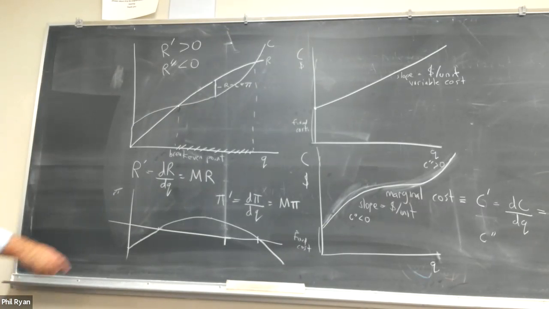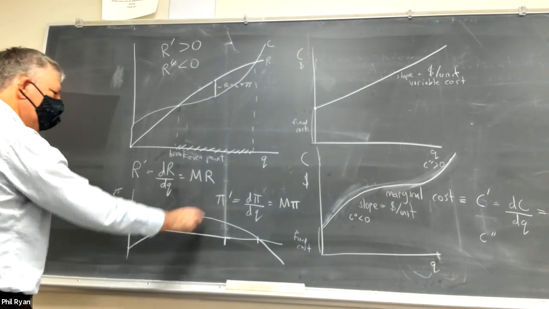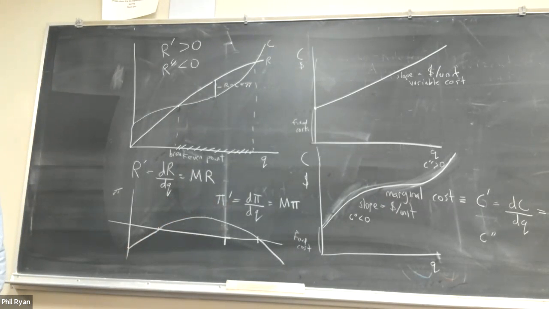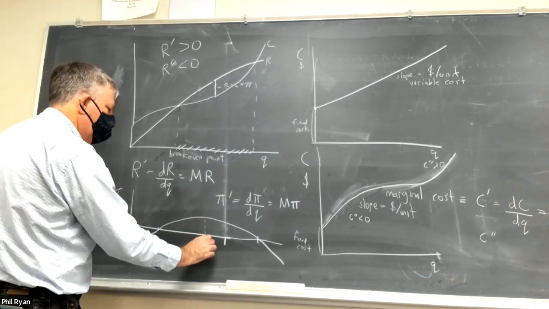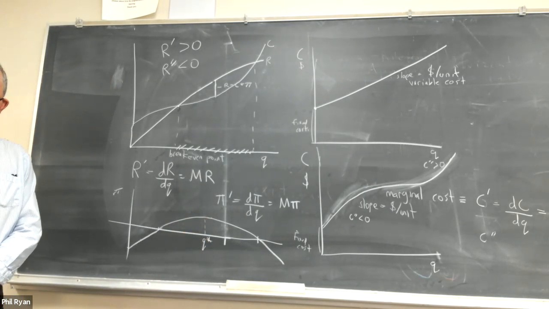Okay, so what can you tell me about the derivative of the profit curve? Let's call this point Q star. What happens if Q is less than Q star?